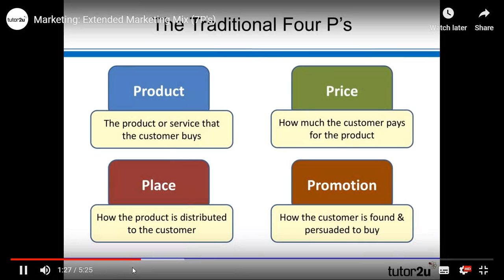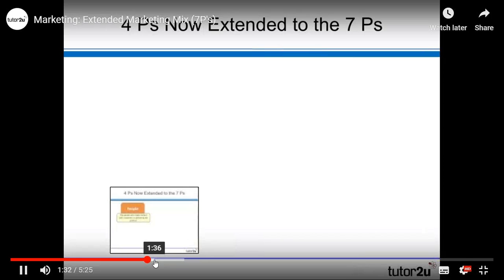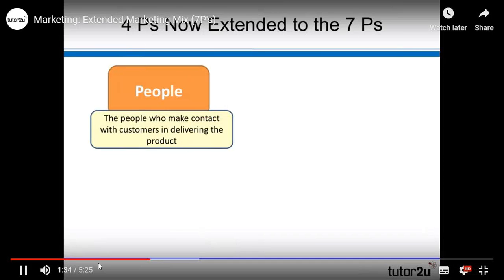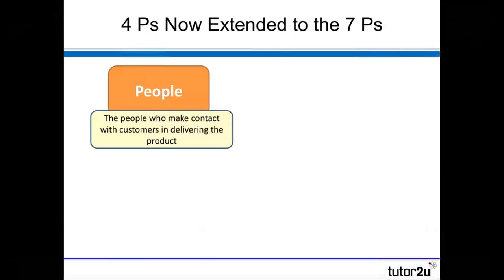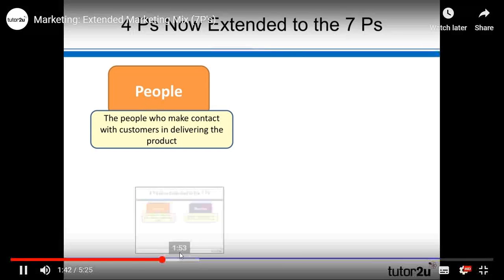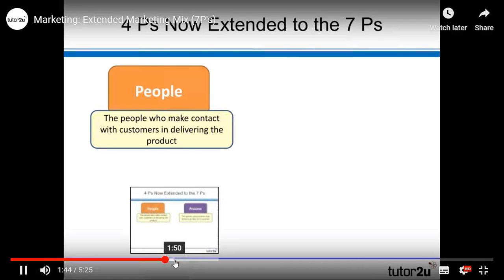But we add 3 new ones, and here they are. Firstly, people, particularly relevant in a service. We need to understand the people who make contact with the customers and deliver the service.